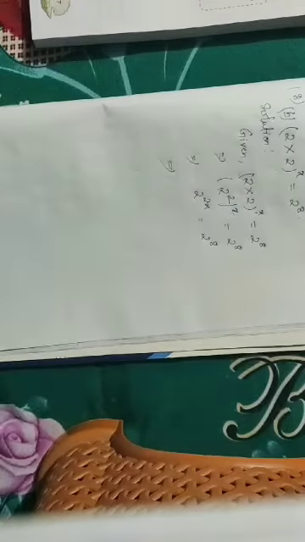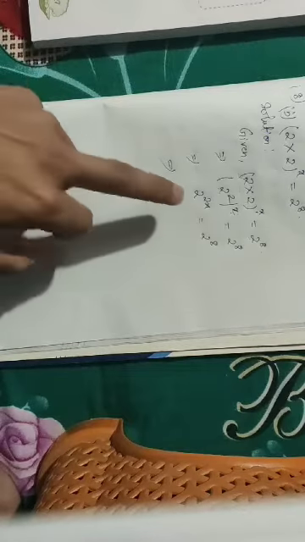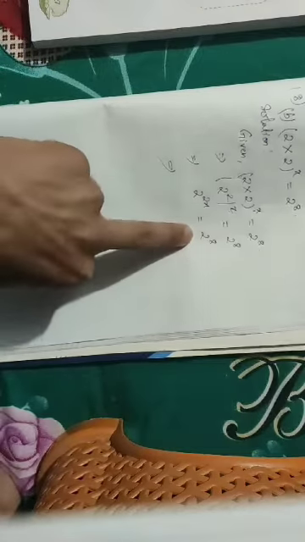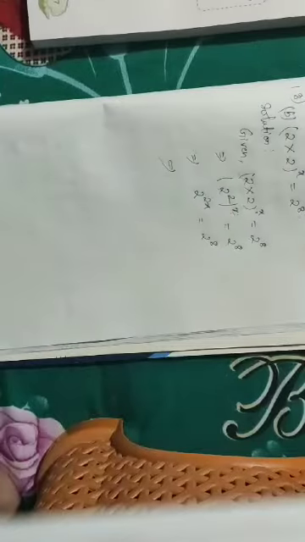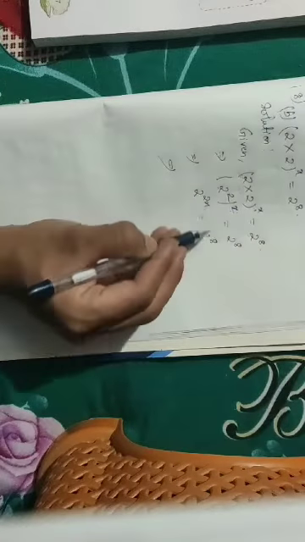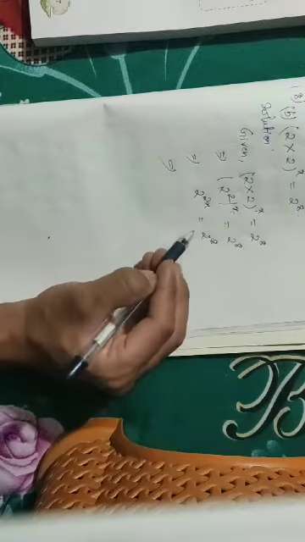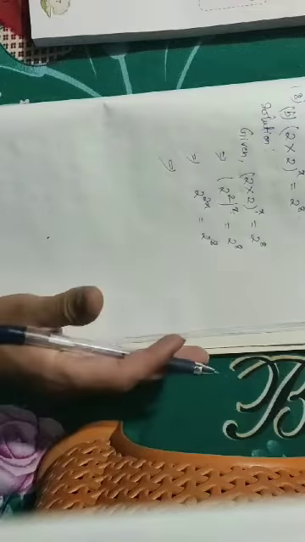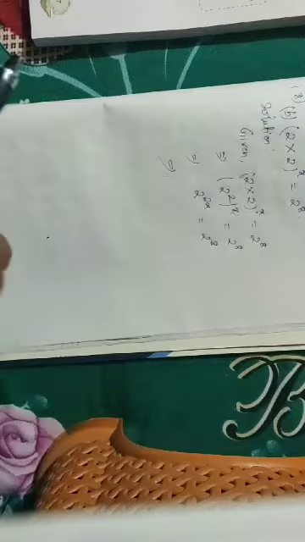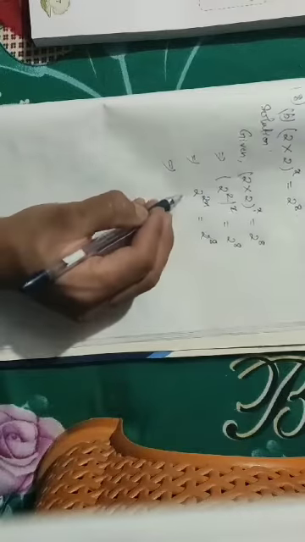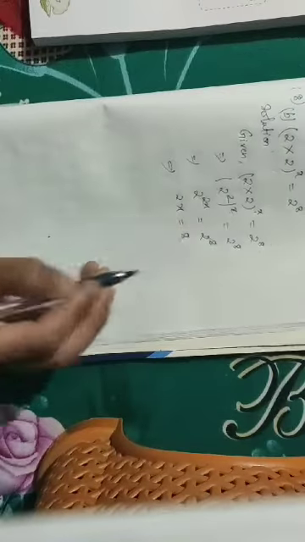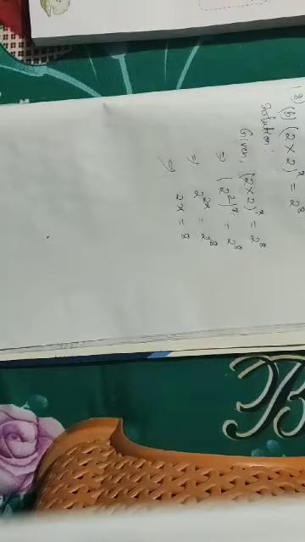Now the bases are the same. If the bases are the same and the numbers are equal, then the powers should be equal. Please don't cancel this 2 and 2. We are not cancelling, we are equating the powers.